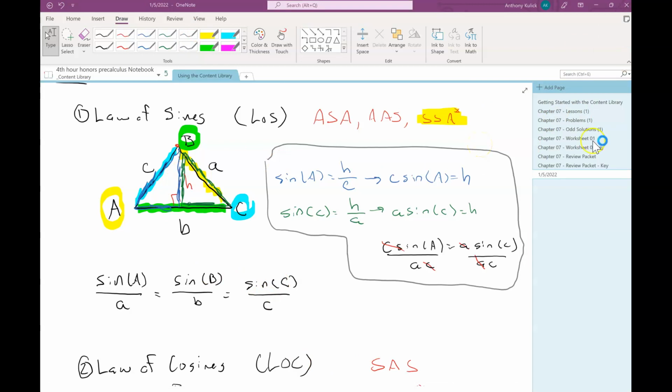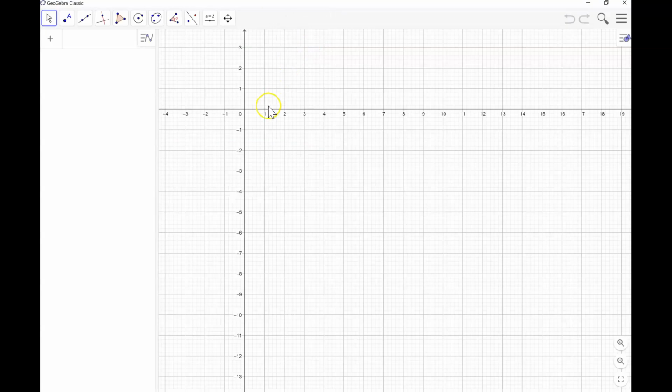Let me demonstrate why real quick. I'm going to do this geometrically, so I'm going to construct us a picture here.